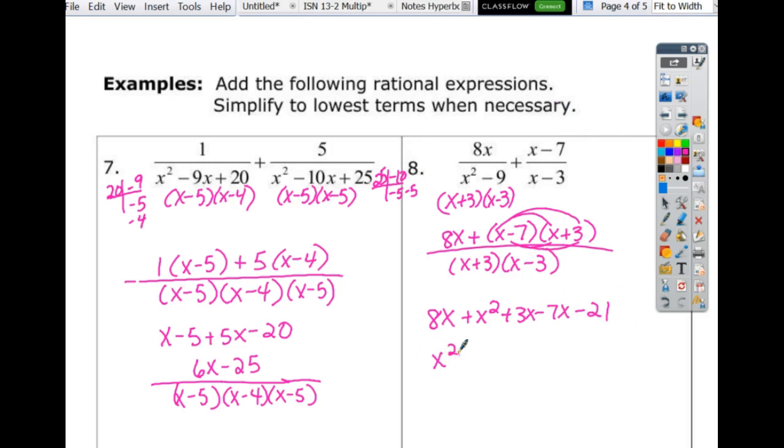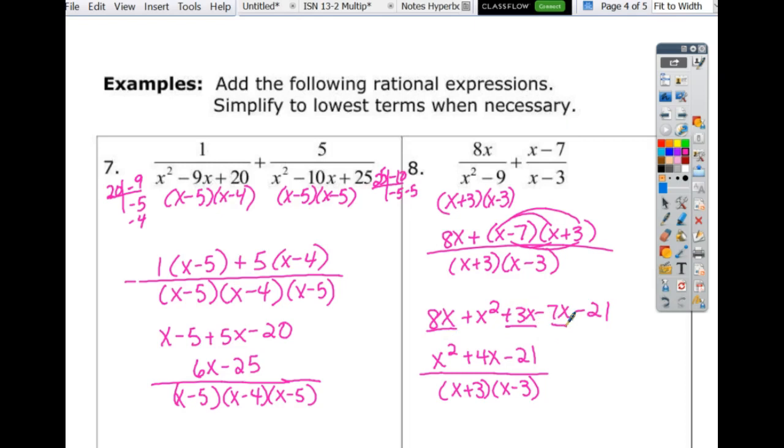So I end up with x squared, 11x minus 7x is 4x, minus 21. 8 and 3 is 11, minus 7 is 4.